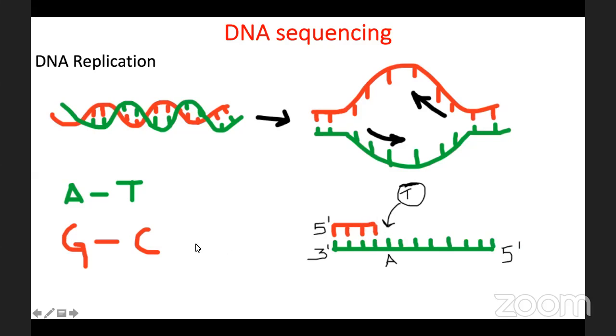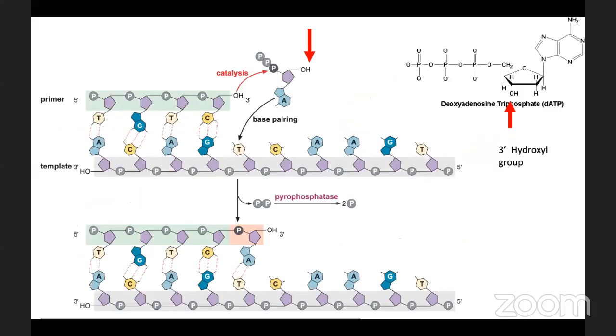So this is how replication goes on. Whatever information is there in a template strand, the corresponding complementary base is incorporated subsequently. This is exactly the typical chemical reaction happening during replication.